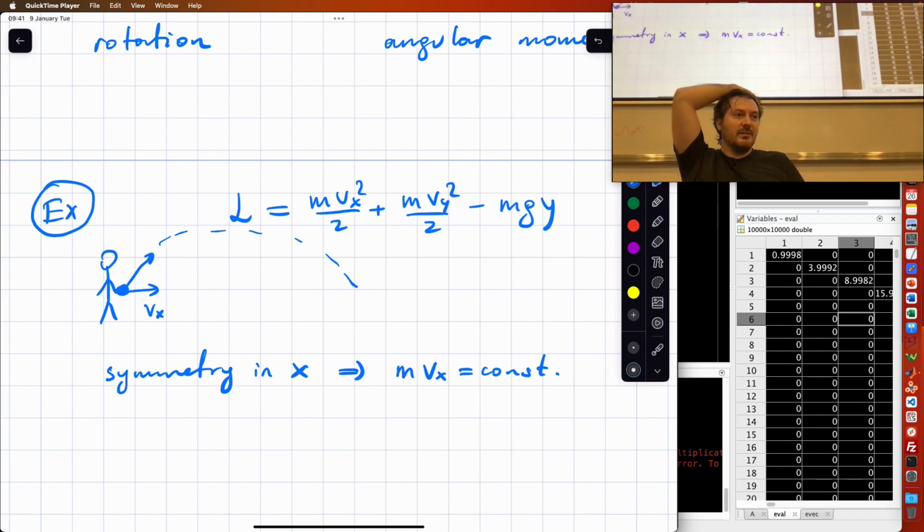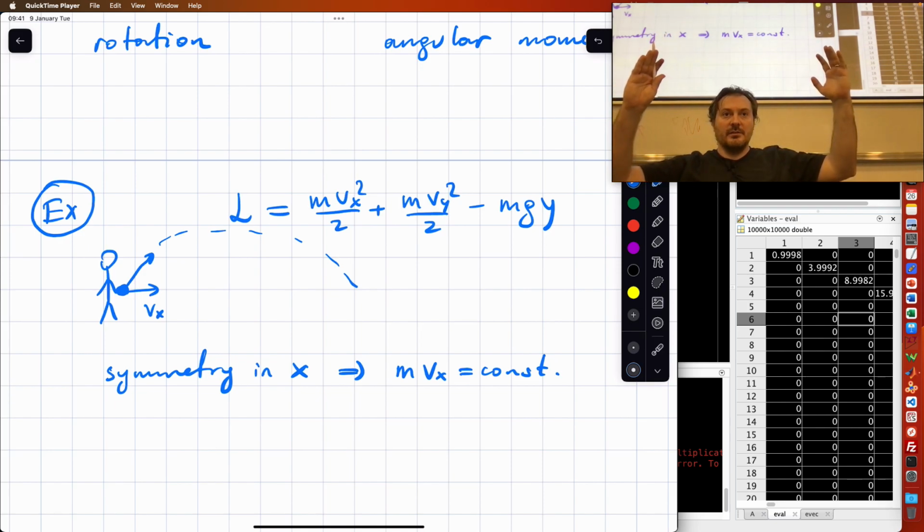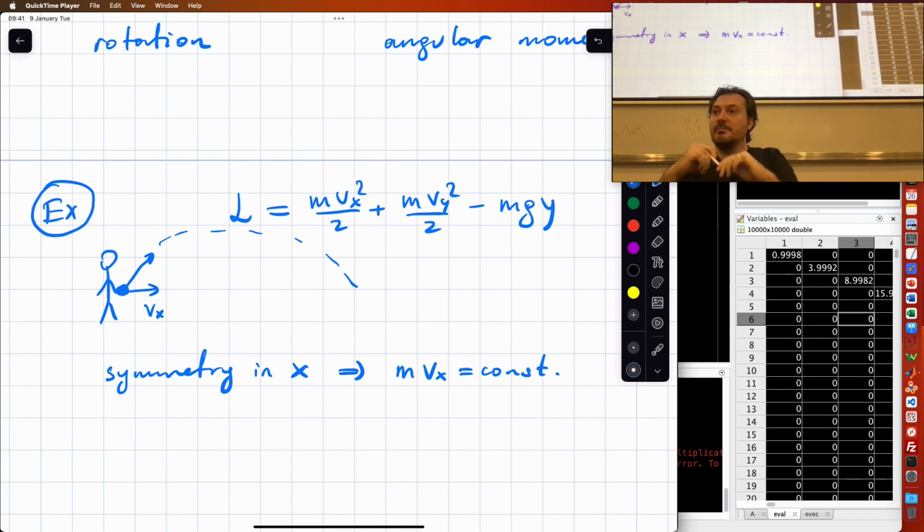Do you see it? We don't have symmetry in y because there's minus mgy. If I change the y coordinate, potential energy will change, action will change. So action depends on y. So no conservation in the y direction.